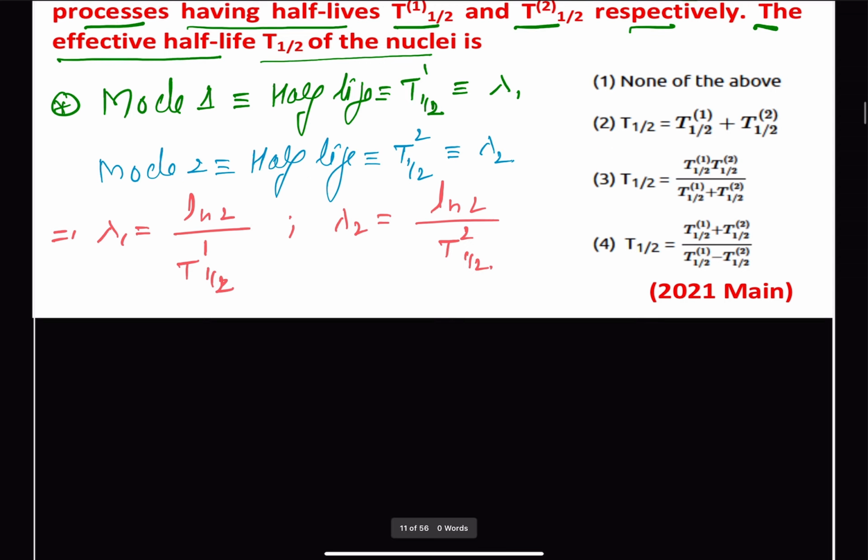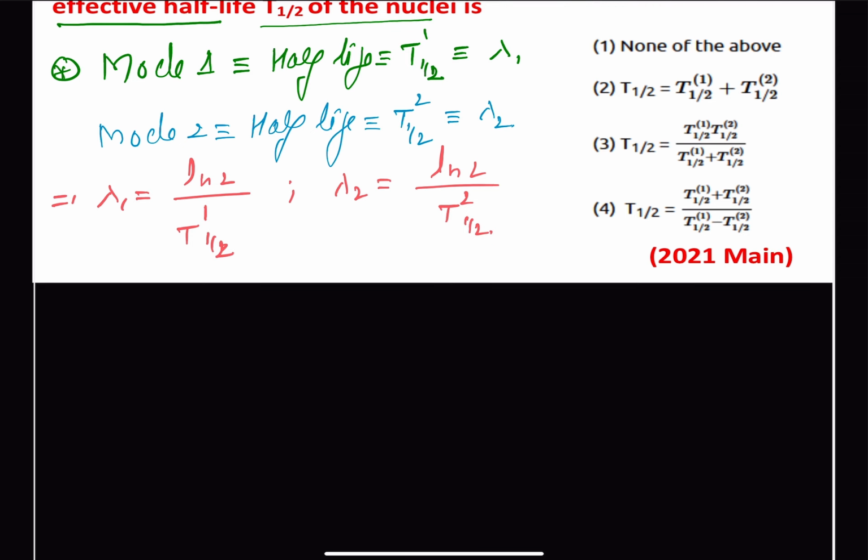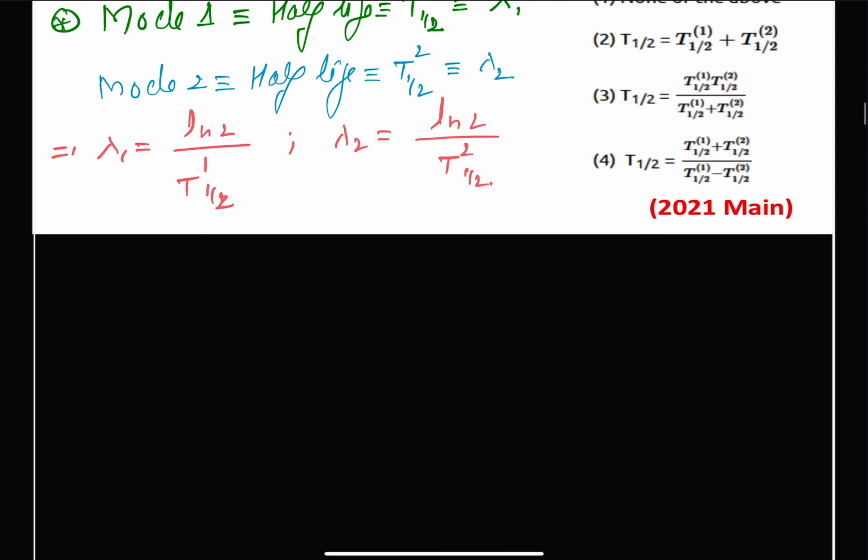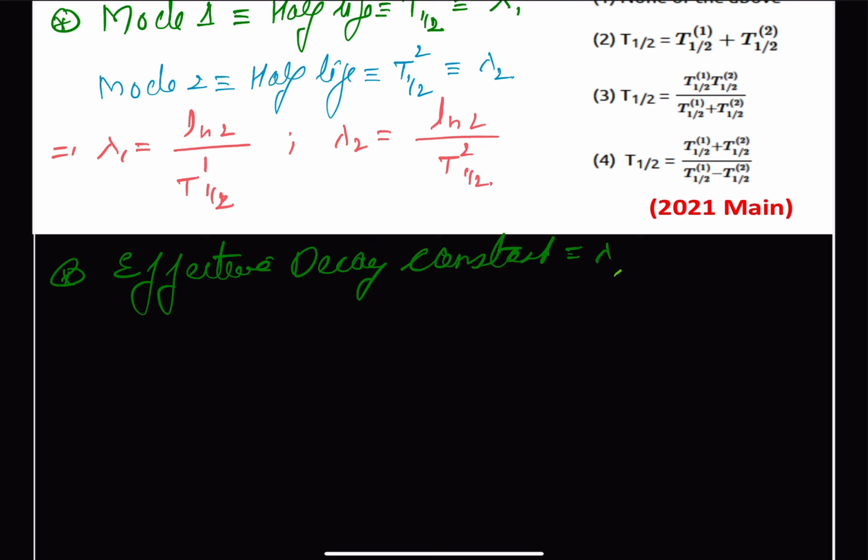Now they are independent processes, therefore the effective decay constant, lambda effective, will be equal to the first mode decay constant plus the second mode decay constant.